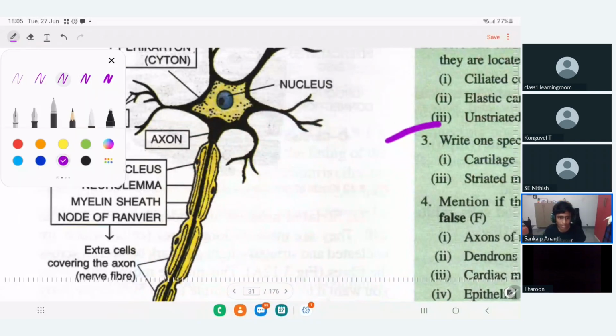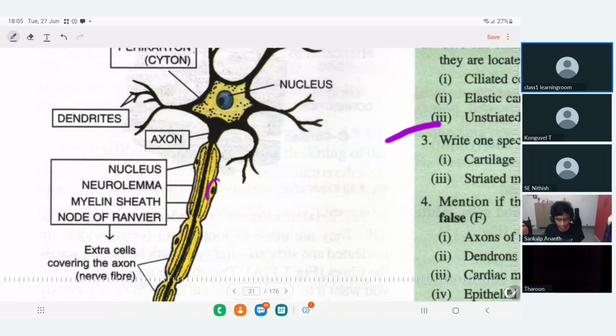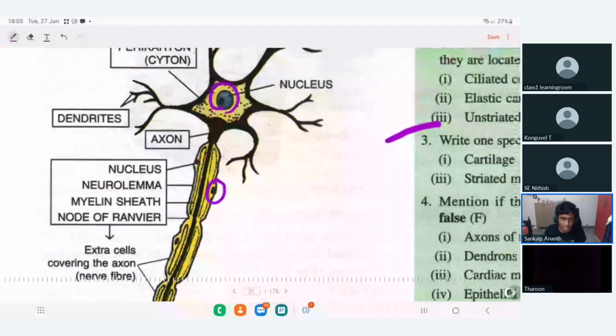How can one cell have two nucleuses? I haven't finished yet. Very good question.